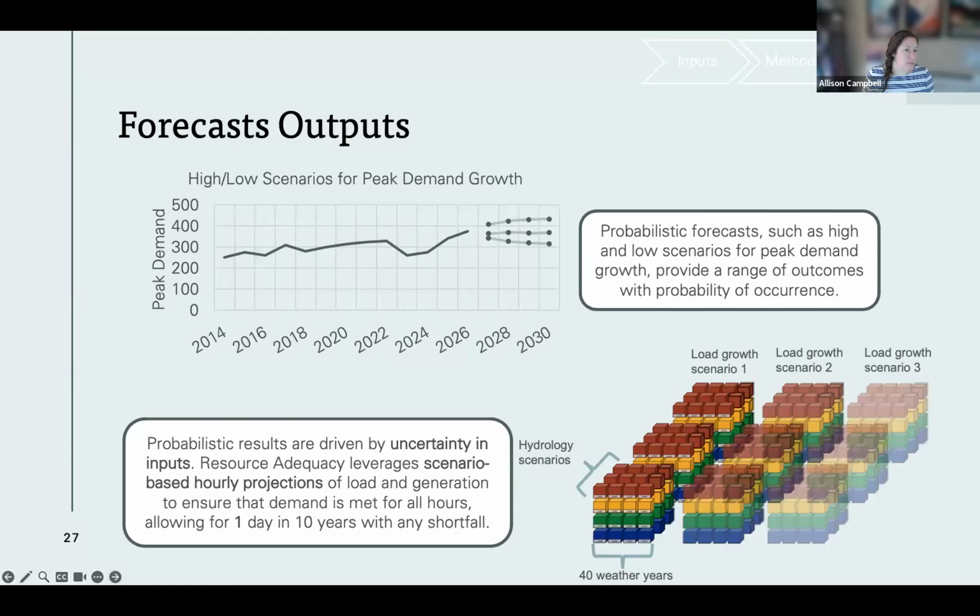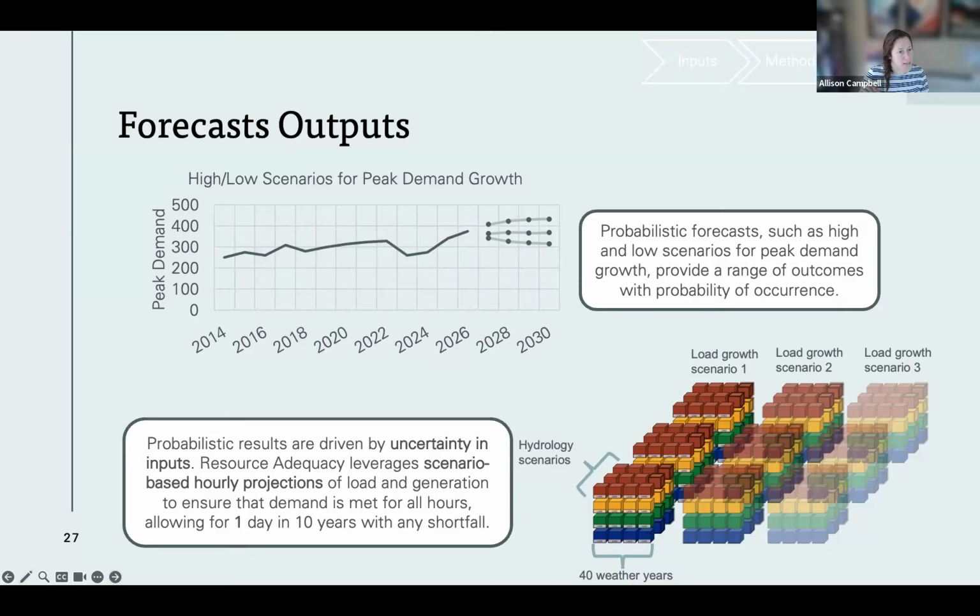So with the probabilistic forecasts, such as your high and low scenarios for peak demand growth, these provide a range of outcomes also with the probability of occurrence. You would mostly see these within the realm of resource adequacy. These Rubik's cubes on the bottom right indicate each tiny box indicates a single scenario.